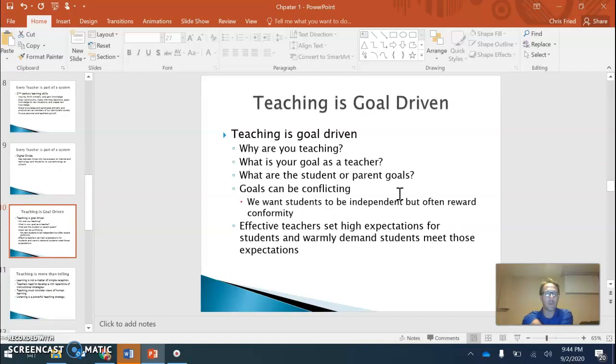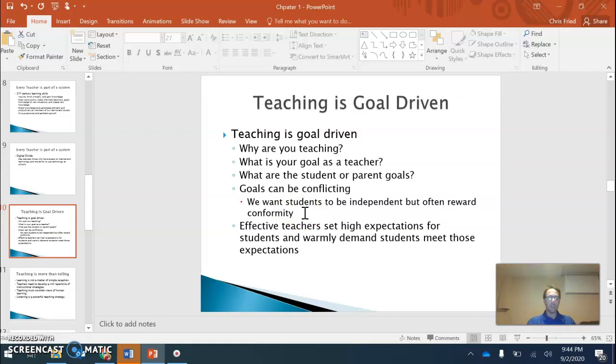So teaching is goal driven. We don't always set goals, but we should set goals for our students and for ourselves. We want students to be independent, but often reward conformity. An example of that: have students set goals.